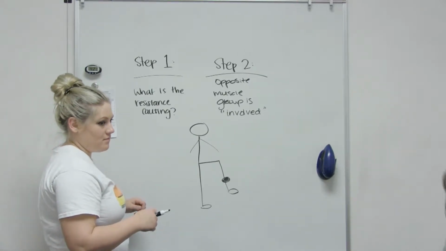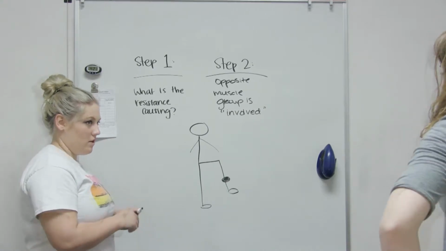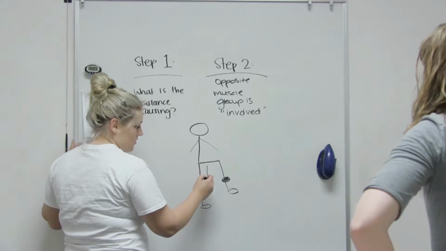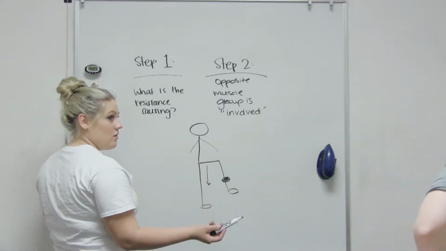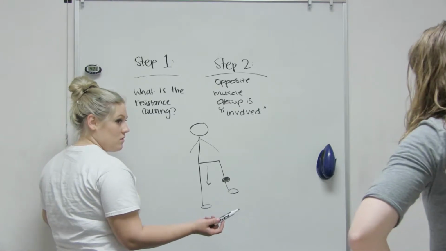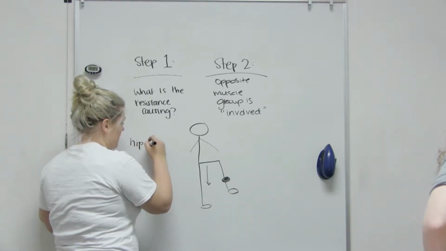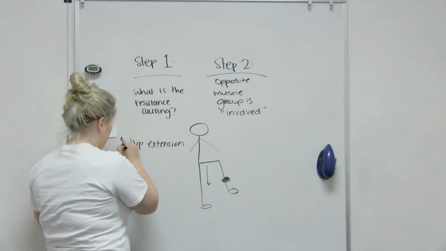If he's standing up like here, it wants to do what? He's going to want to bring his leg back down. What would that be called? Extension. So it's going to cause hip extension. So there's our step 1.